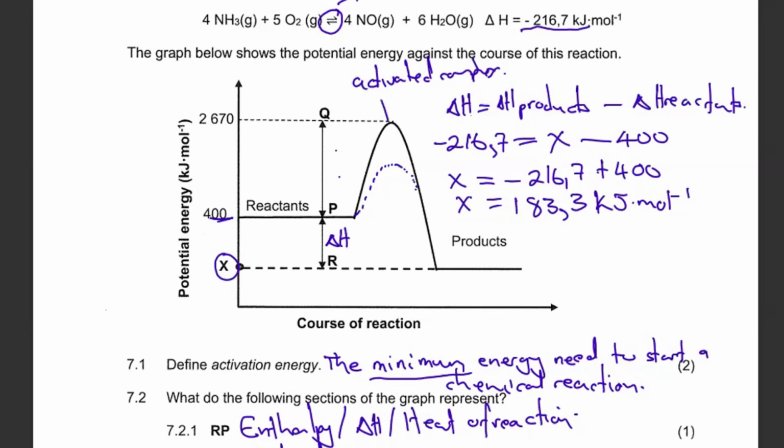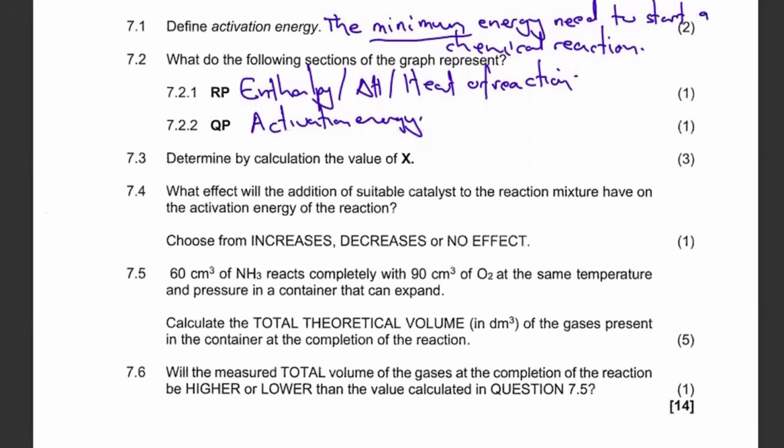So if you add a catalyst, which is a substance that speeds up the rate of reaction, and then you are asked how does it do that? By using an alternative route that uses less energy. Then determine by calculation the value of X. We are done with that one. Then what effect will the addition of a suitable catalyst to the reaction mixture have on the activation energy of the reaction?